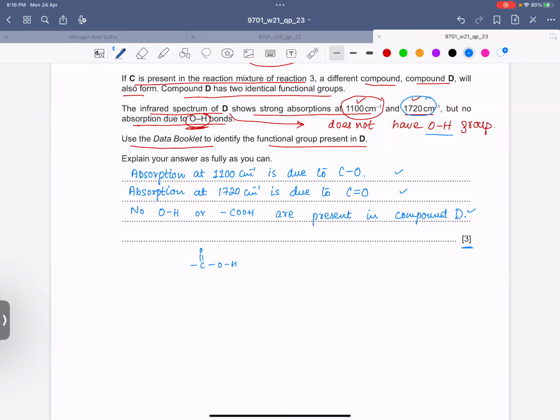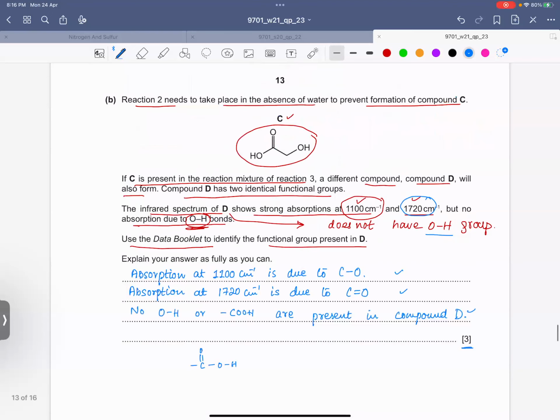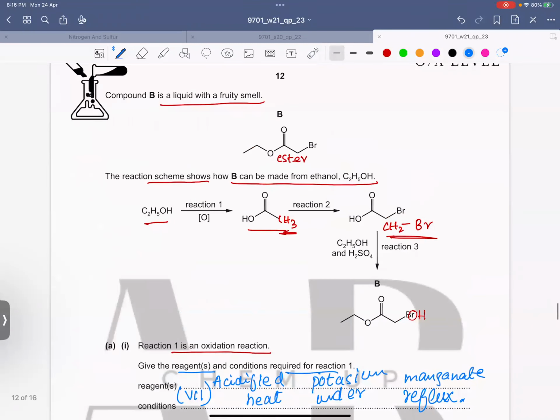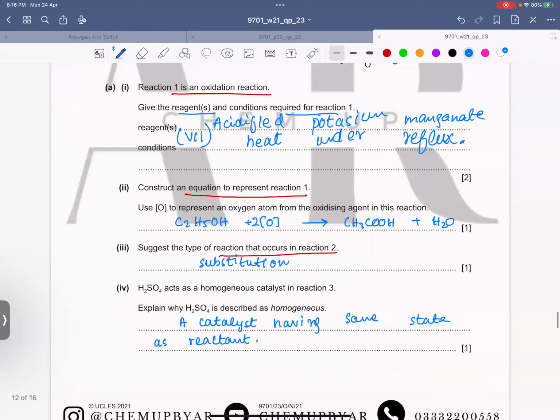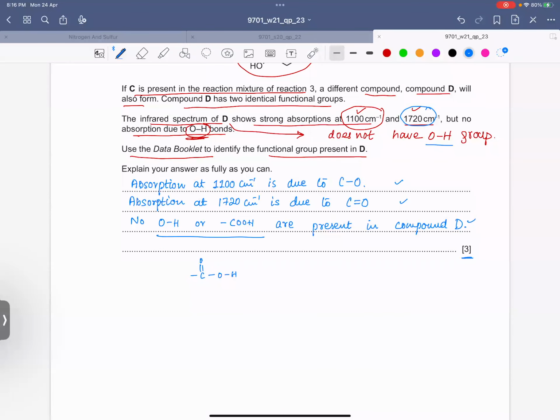Sir, aldehyde will also not be present, so will we mention aldehyde as well or not? There is no aldehyde in your initial compound as well. Is there any aldehyde over here? Oh, okay, sir. Why have we mentioned these two? Because they have mentioned that there is no absorption due to OH bond.